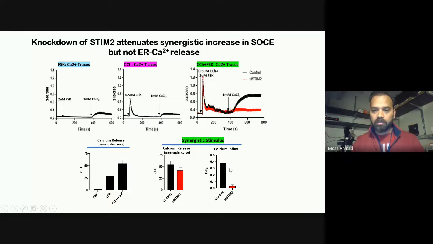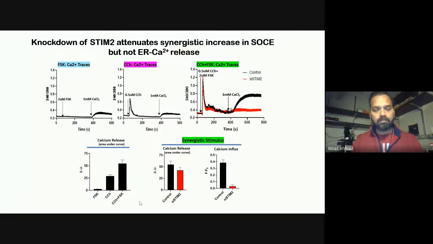You can see the bar graph here, and the difference is several fold. With carbachol only there is some calcium release, but with the synergistic effect there is almost a twofold change. So this suggests that the synergistic stimulus in our experiment is sufficient to drive Stim-Orai clustering and substantial calcium influx.